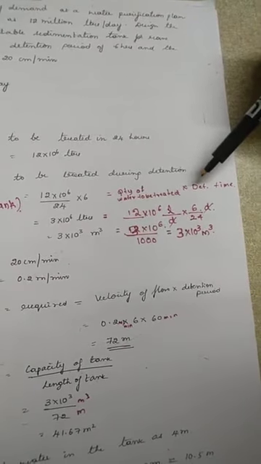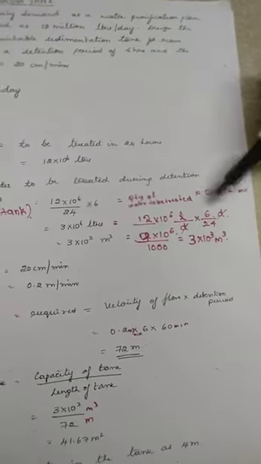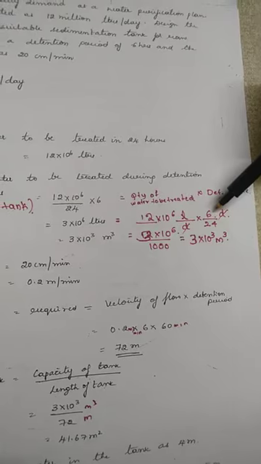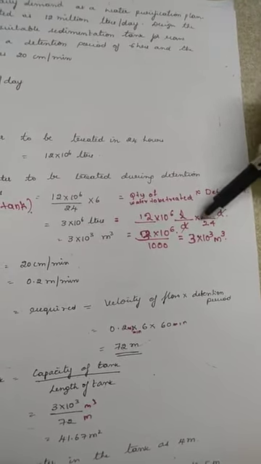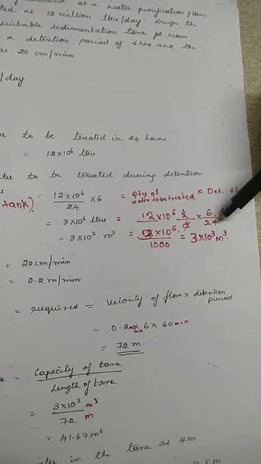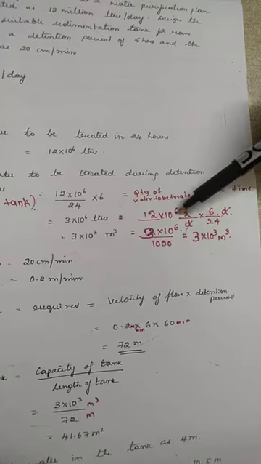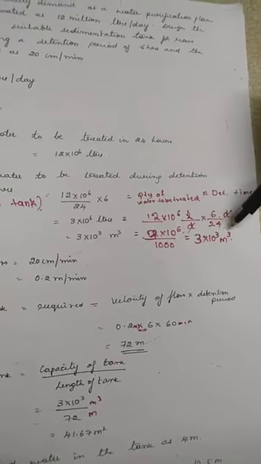Detention time is given in hours, so we need to convert it into days. For 1 day, how many hours will be there? For 1 day there will be 24 hours. So 12 million liters, that is 10 raised to the power 6 stands for million, into 6 divided by 24.